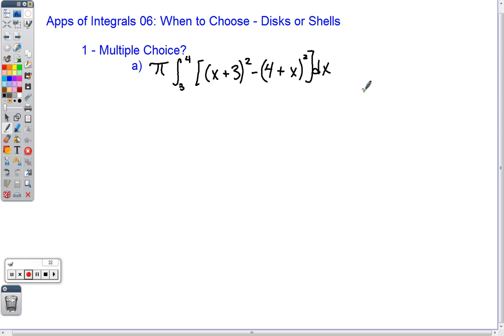As a matter of fact, the AP exam does not require me to teach you guys the shell method. It just doesn't. So there is absolutely no multiple choice question where the answer is done in shells. Why? Because that would be unfair to the other kids who were not taught shells.